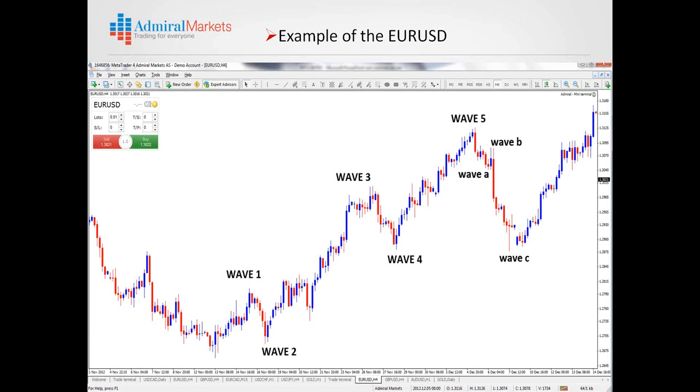So this is the euro-dollar 4-hour chart, and we can see I already labeled a typical classical 5-wave move to the upside. By the way, I should mention that there are all kinds of rules and guidelines connected to Elliott Wave, how to label 5 waves up, 3 waves down, 5 waves up, etc., or corrective.